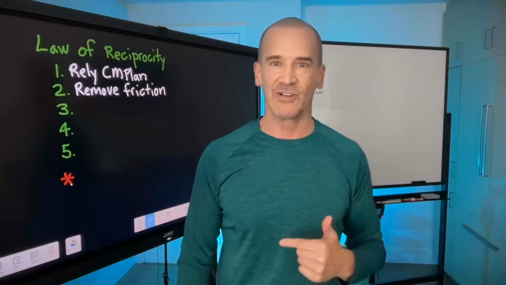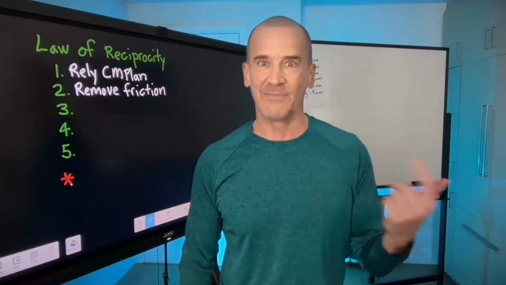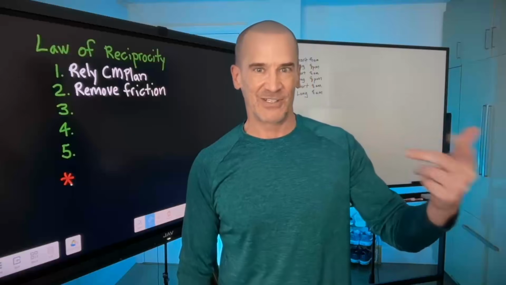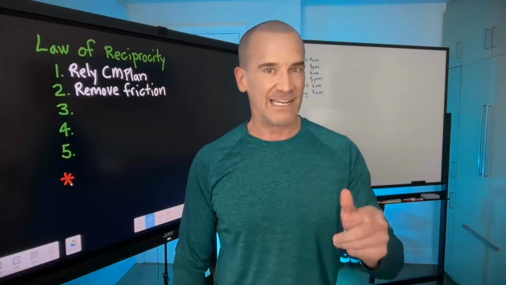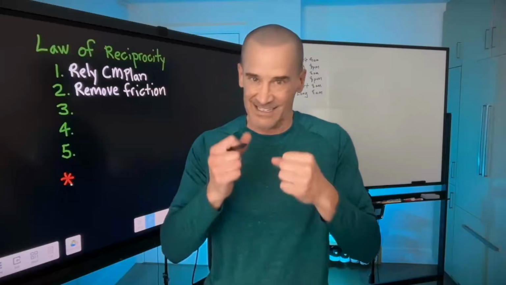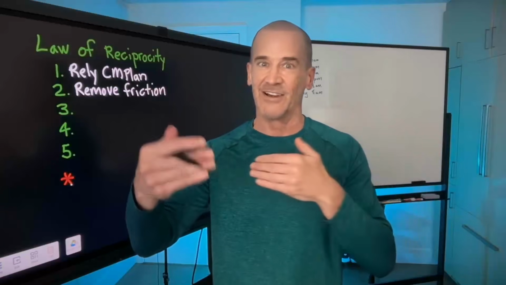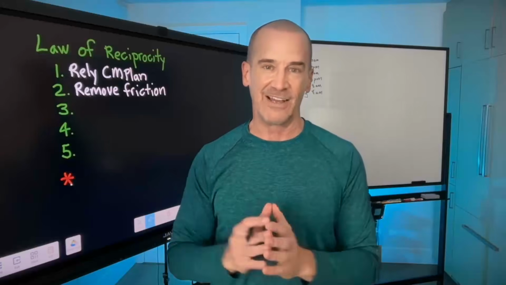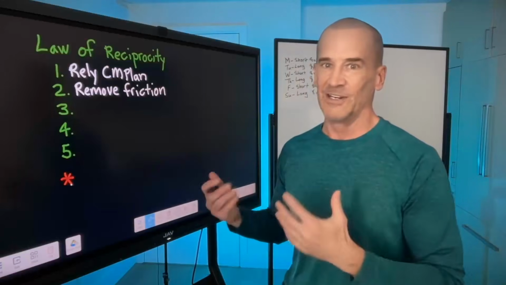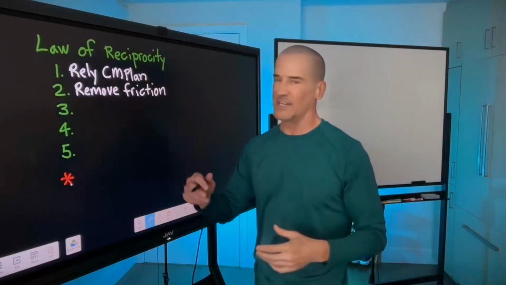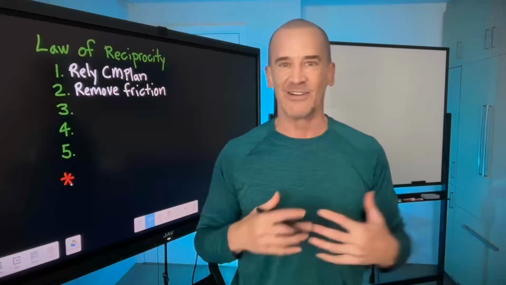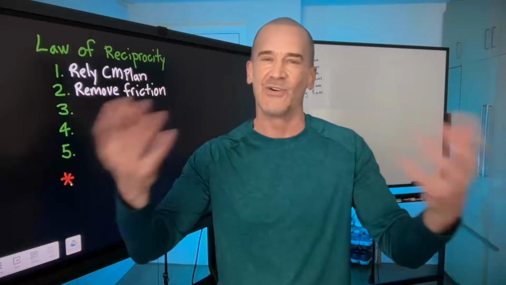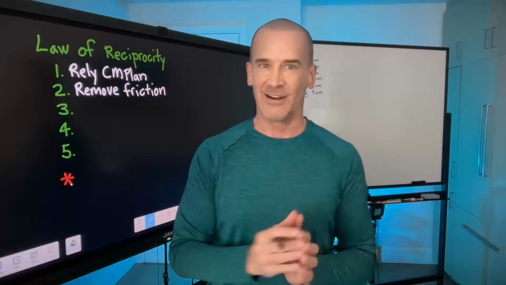Think about those teachers who are unlikable with their students, and the entire class is against them. In many classrooms, the teacher is on one side, students on the other, and they are battling all day long. We're not going to do that. We're going to trigger this law of reciprocity so we like and enjoy being with our students, and they like and enjoy being with us and being in our classroom.